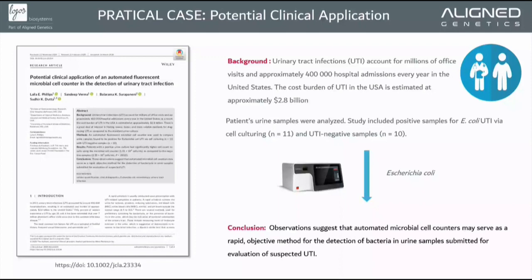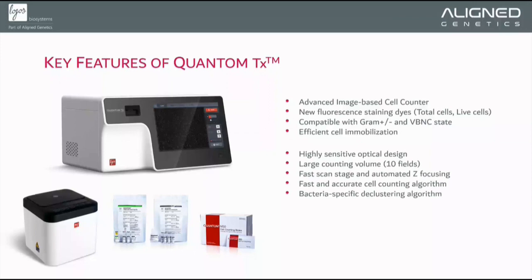Also, here are some of the key features of the QUANTOM Tx. It is an advanced image-based cell counter, and it has new fluorescence staining dye for total cells and live cells. It is compatible with gram-positive and negative and VBNC state cells, and it has efficient cell immobilization with our QUANTOM Tx centrifuge.